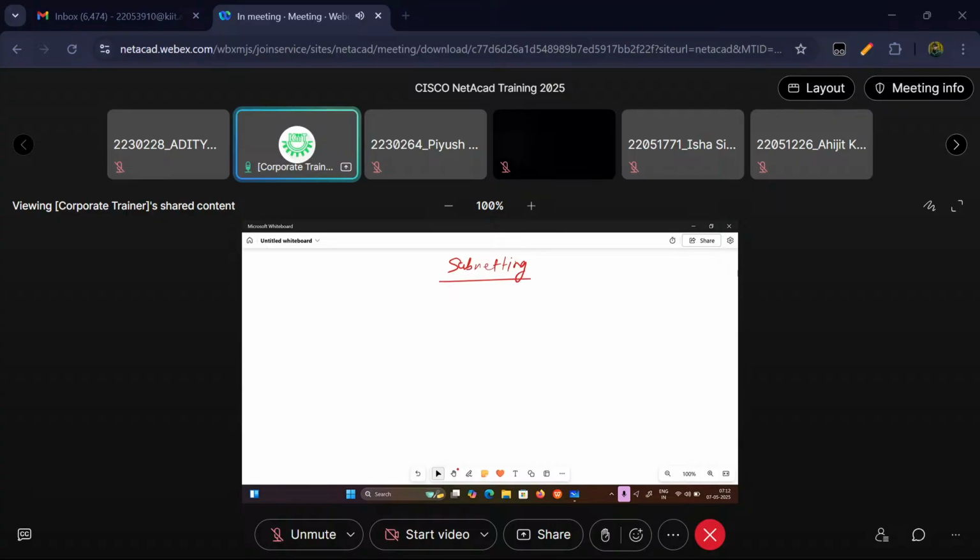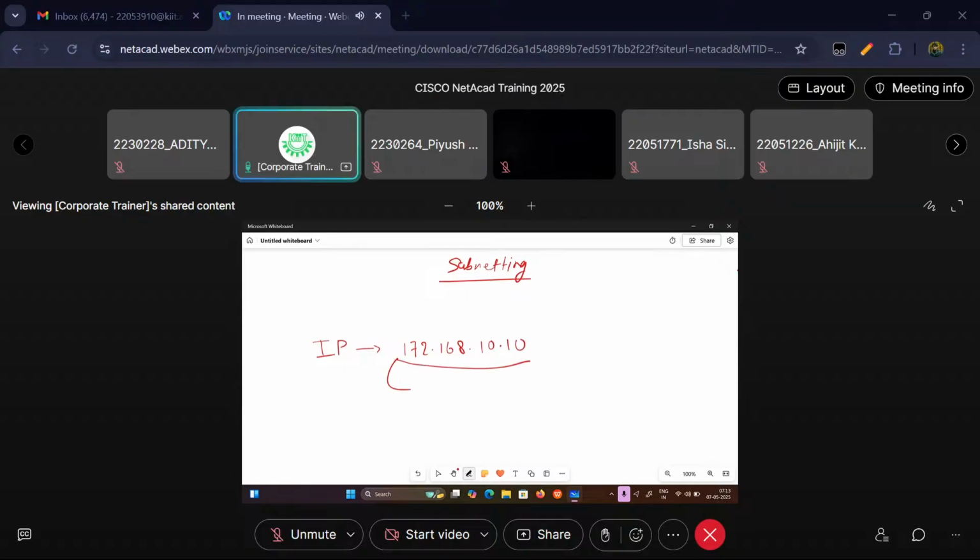So why do we need subnetting? That also you should know. If you have one network, just think of it. Suppose I have an IP of class B, maybe like 172.168.10.10.